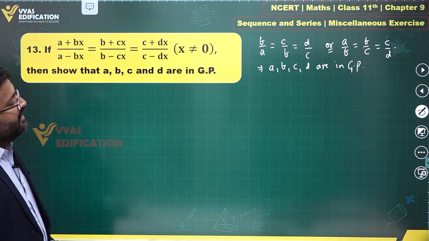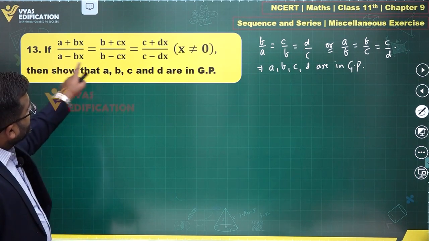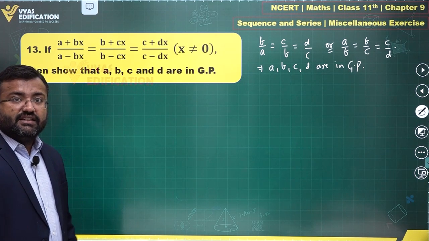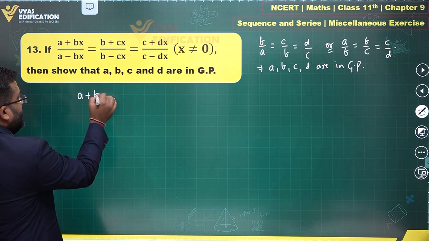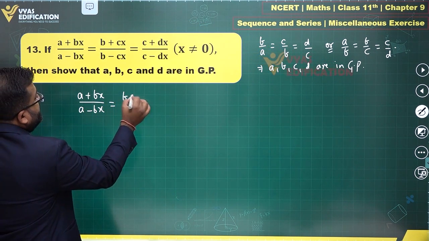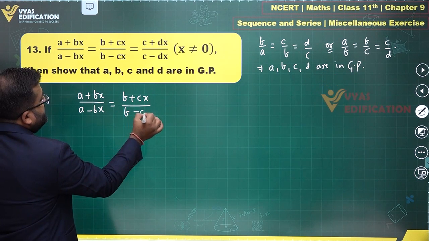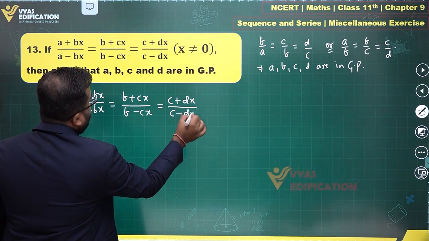What else? So, let's focus on this complete expression: (a + bx)/(a - bx), (b + cx)/(b - cx), (c + dx)/(c - dx).